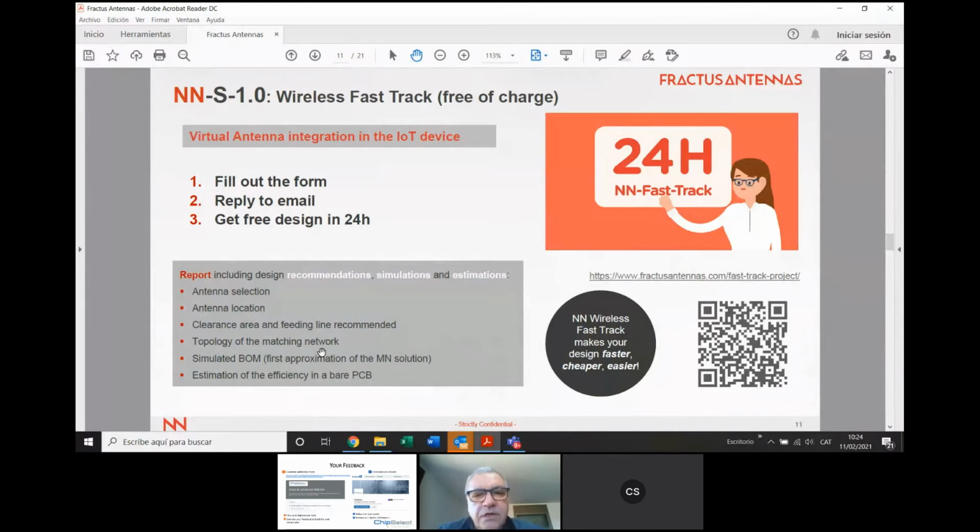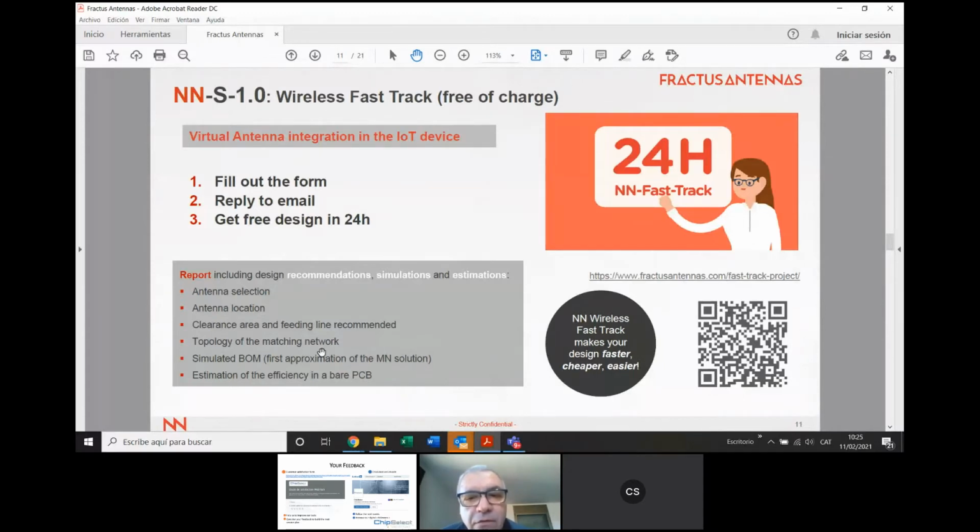This is possible because our technology is very simple, and it is possible to do it just with a simple analysis and simple simulations. Then you can start to have an idea of what the performance of your device is going to be, and what the structure of the design, the layout, and the antenna location are going to be.